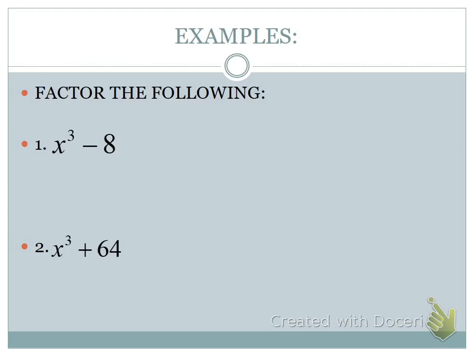Well, we are asked to factor the following. x cubed minus 8 is our first one. The second one is x cubed plus 64. So is our first one, number one, a sum or difference? Difference.